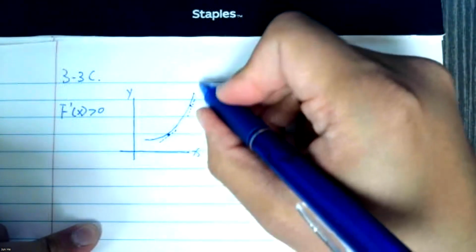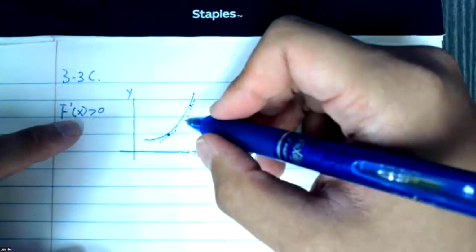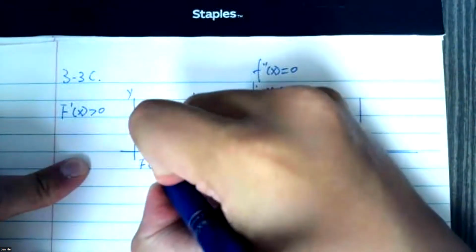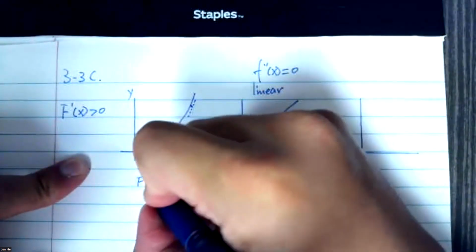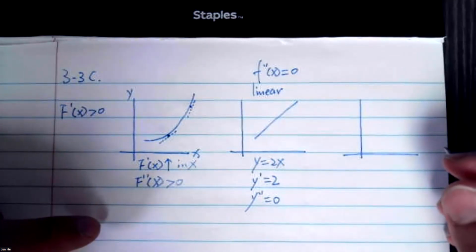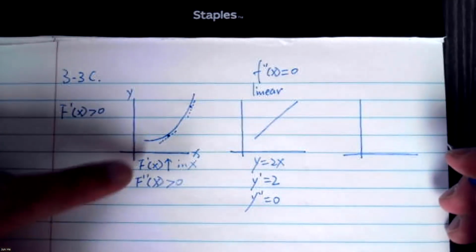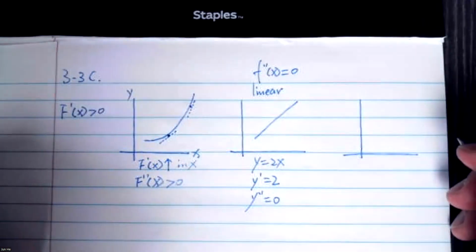When x is big, the slope is getting steeper, right? So that means f prime x increases in x. Namely, your second order derivative should be greater than 0. You are accelerating, right? So the speed is increasing. The slope is your speed, right?